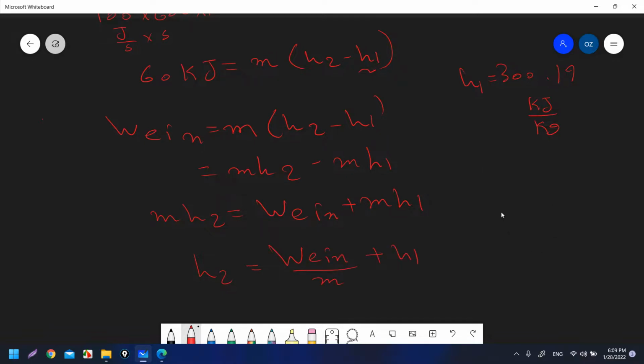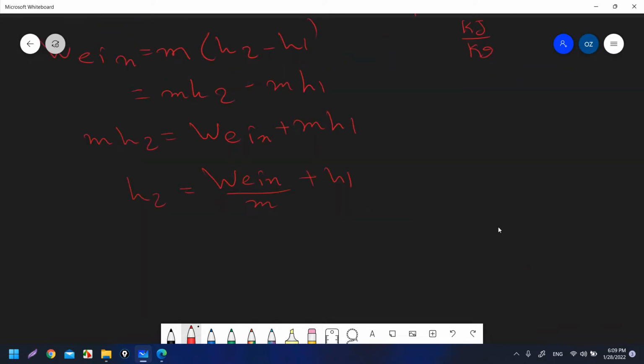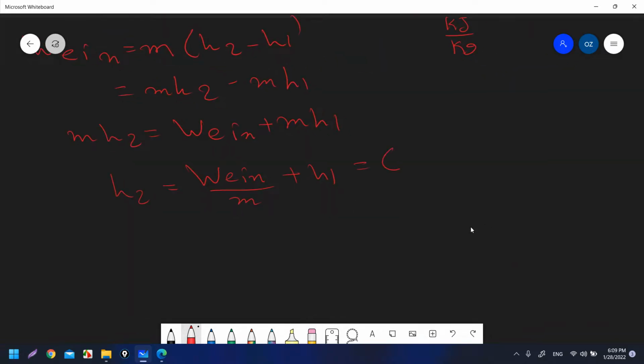W_e,in we said is 60 kilojoules, and the mass is 0.0325, plus H1 is 300.19 from table A17. This will give me H2 is 2146.3 kilojoule per kilogram.